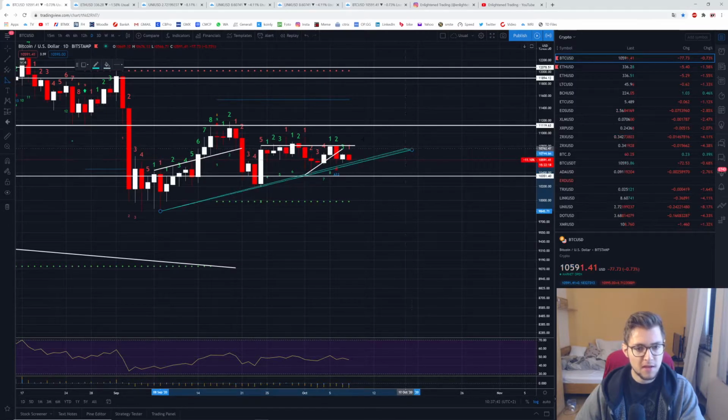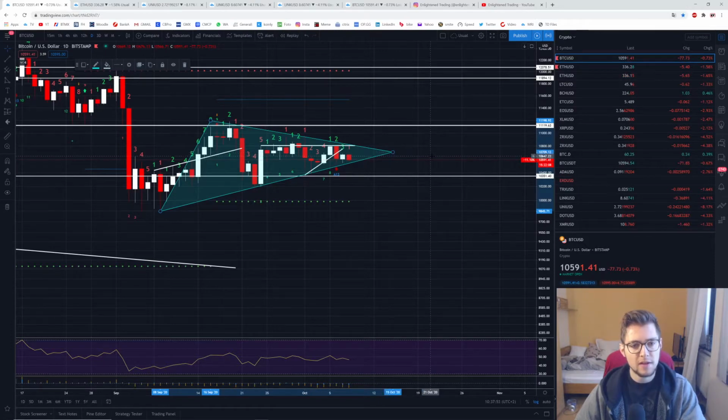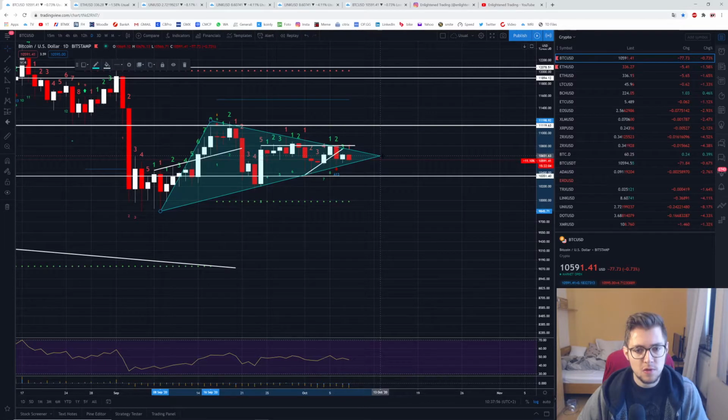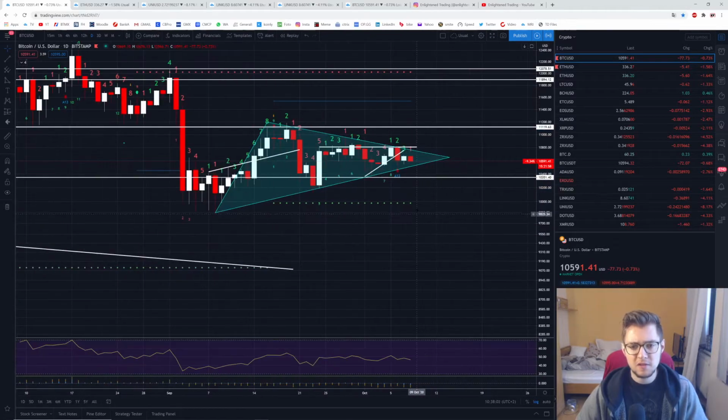Where we would now establish a symmetrical triangle here, and this would actually fit pretty nicely already. You can also do it like this, so we already have the third touch on the top as well. So this does look pretty nice, in my opinion at least.